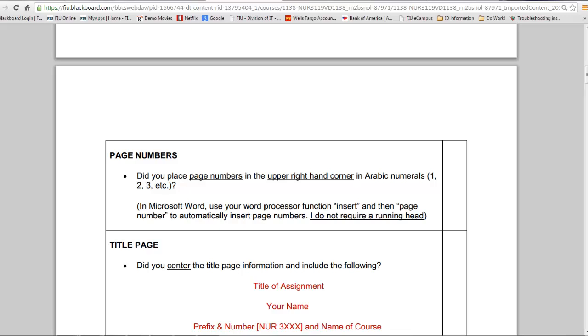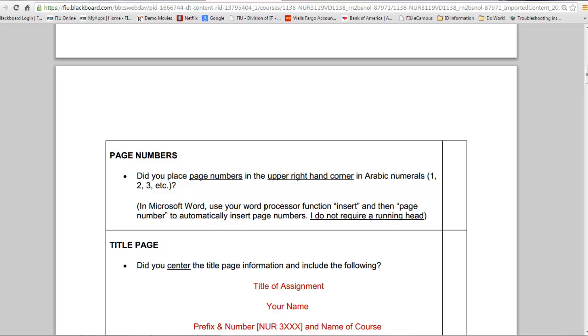It is not required, but if you do use the running head, the correct format is the capital letters RUNNING, but the H and the head should be lowercase, followed by a colon.